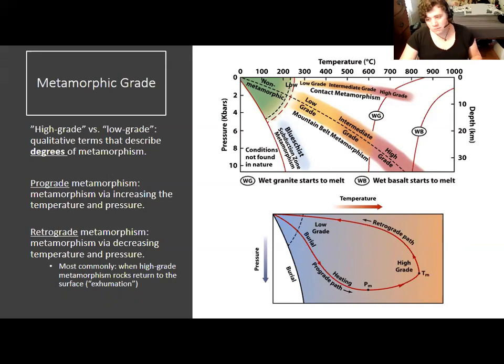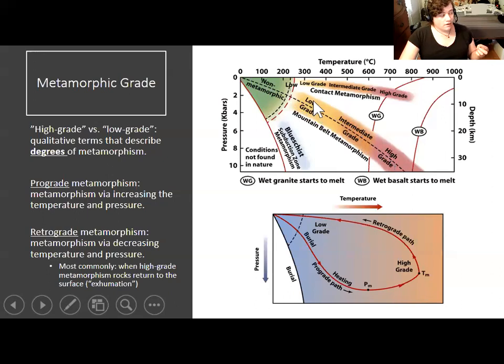So metamorphic grade indicates how heavily the rocks have been metamorphosed, essentially. High-grade metamorphic rocks form at higher pressures and temperatures. And in this example on the right, we often will have a diagram like this that shows how a starting rock can actually change pressure and temperature over time, what's known as a metamorphic path.